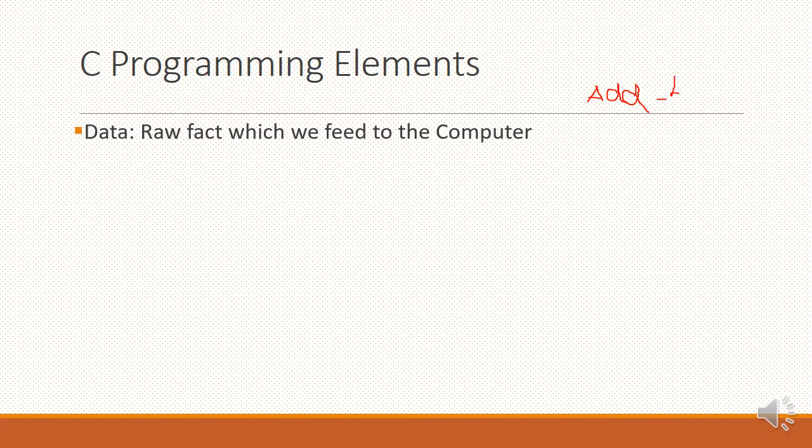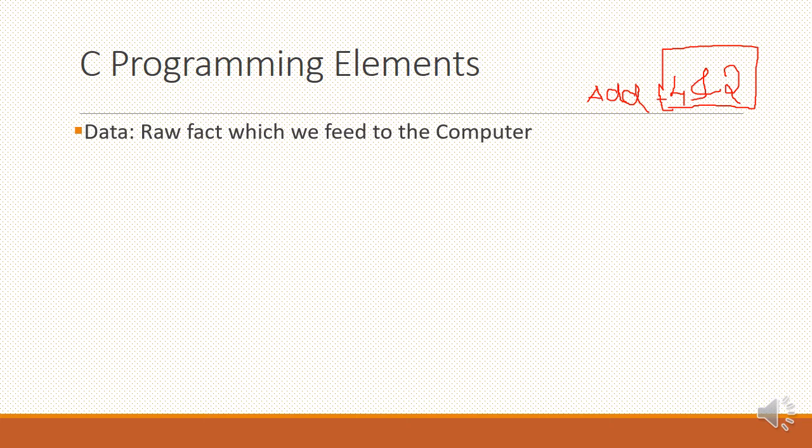What are the two numbers I want to add? 4 and 2. This 4 and 2 is called the data to the computer. The raw fact which we feed to the computer is called your data.